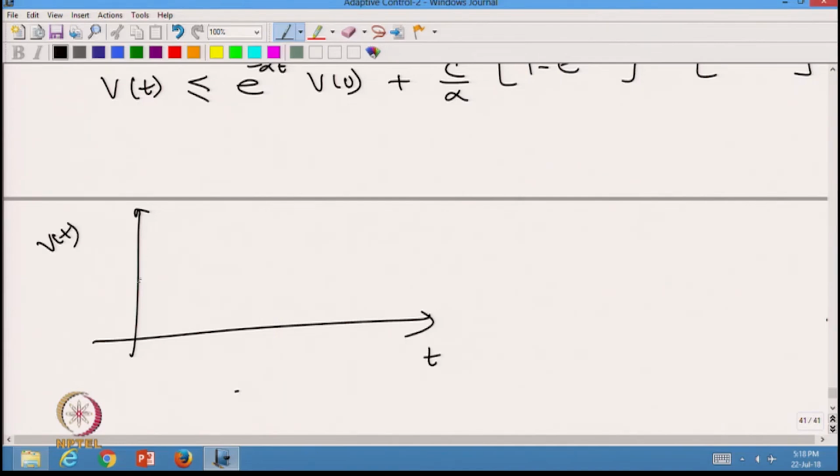Let us say we have this region given by c over alpha, and let us say that v of 0 initially starts from something which is greater than c over alpha. Starting from this, it exponentially decays until it reaches this region, and then it goes inside this region and stays there for all future time.